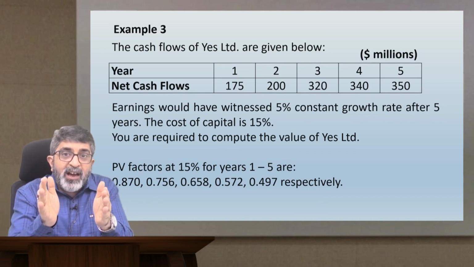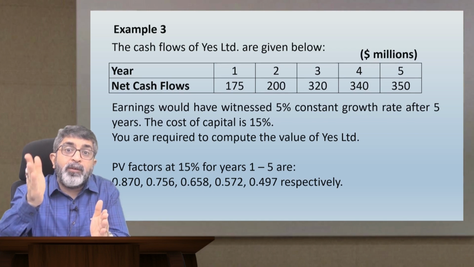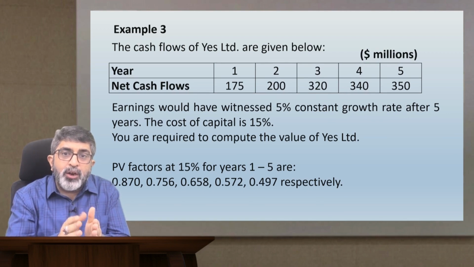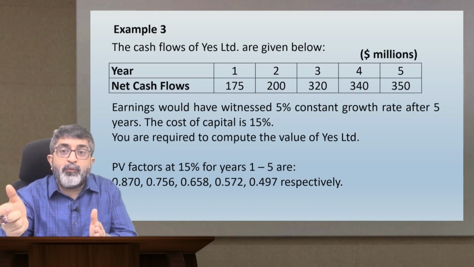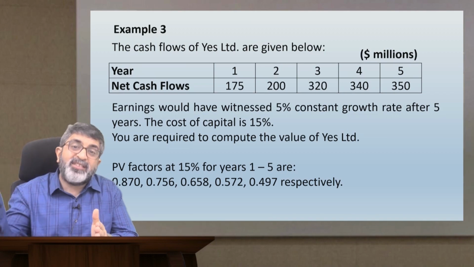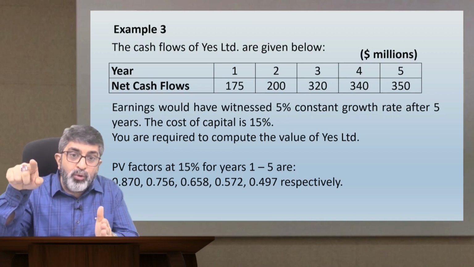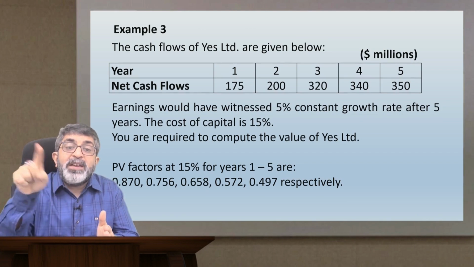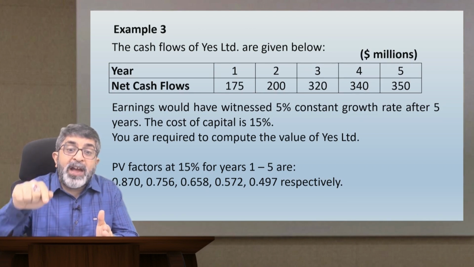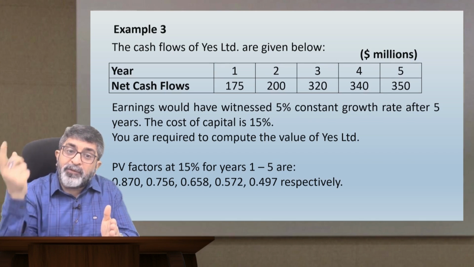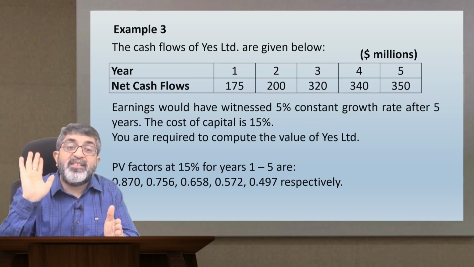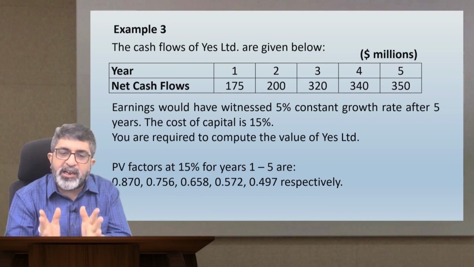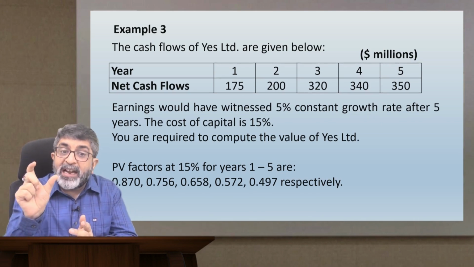You can take the FCFF of 5th year, on that you add 5% growth rate to make an estimate of what would be FCFF for 6th year. Then what you do, you compute not V0 but V5. V5 will be FCFF 6 divided by KO minus G. I am saying KO because it is the overall cost of capital that you need to consider. So you will get V6 value.